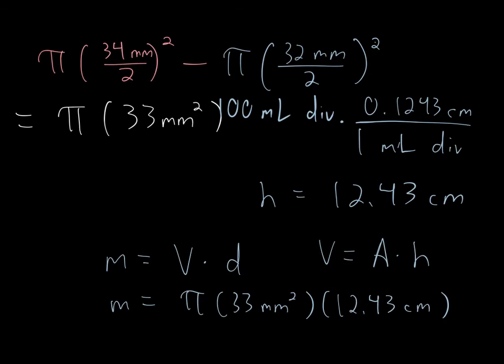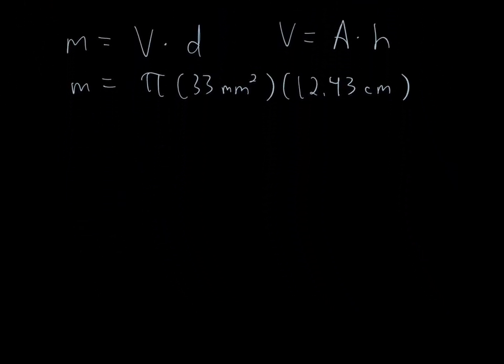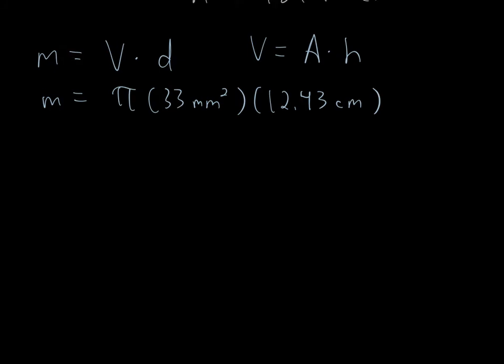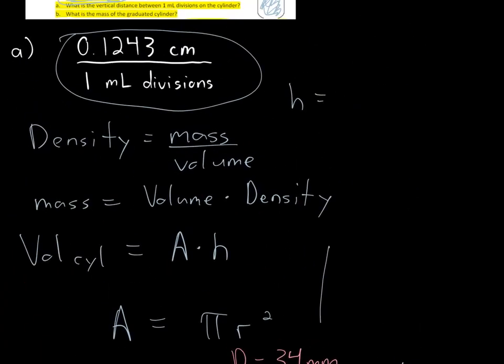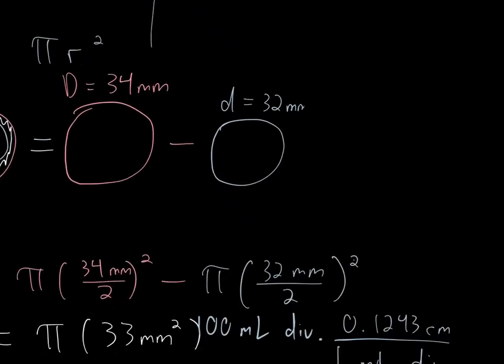And if you look at our equation, we see that our units don't match, and we'll be able to convert to the units we want after multiplying by density as well. And our density, let me get that as well, is 2.23 grams per centimeter cubed.